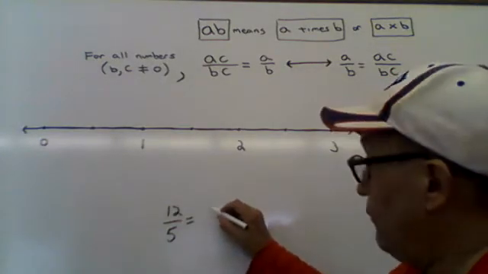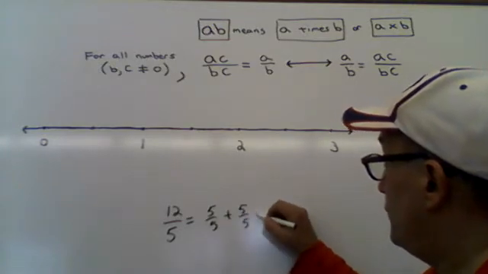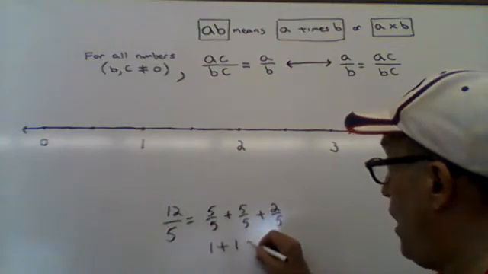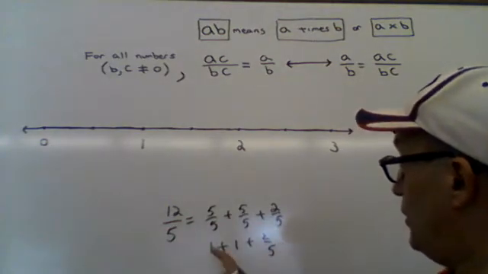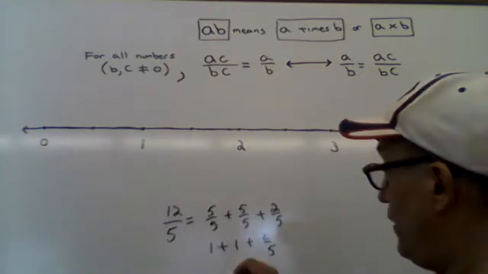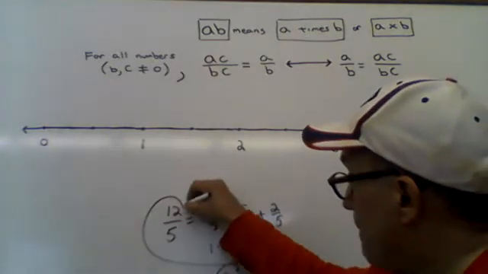You can think of 12 fifths as 5 fifths plus 5 fifths plus 2 fifths. Each of these 5 fifths is 1. So we have 1 plus 1 plus 2 fifths, 2 plus 2 fifths, or 2 and 2 fifths.